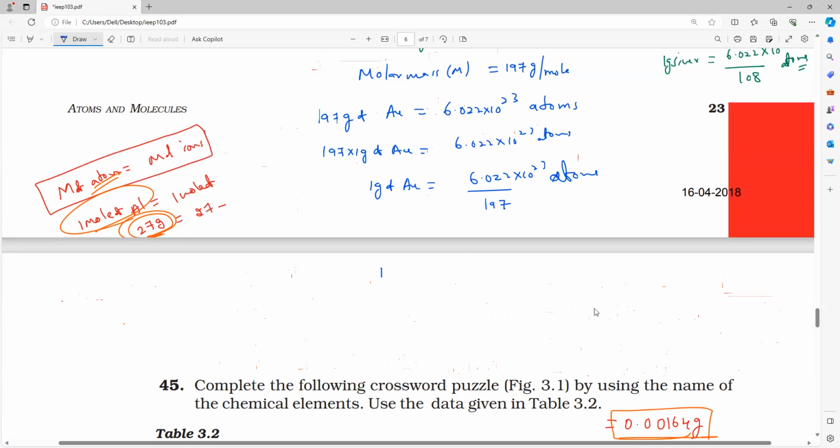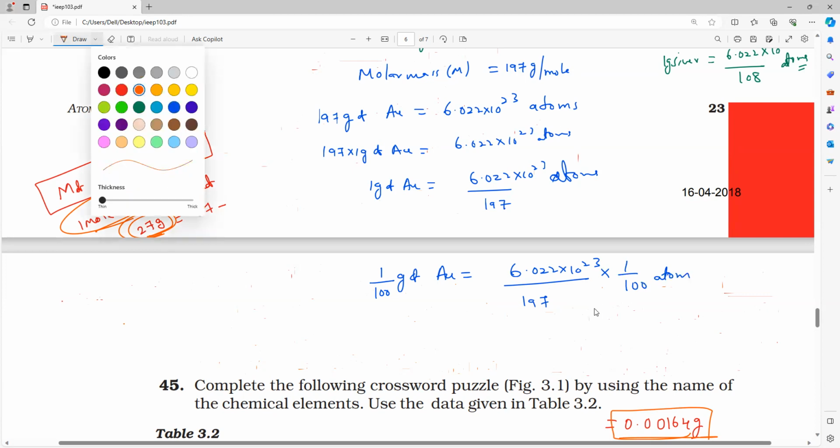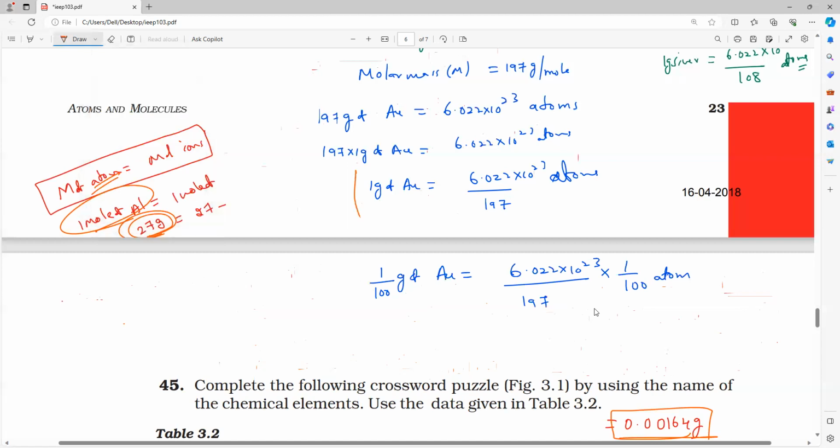So 1 by 100 gram of gold contains 6.022 into 10 power 23 divided by 197, and if I divide here by 100, then here also by 100. If I cancel, I get the same back. Am I right or wrong? Yes or no, guys?